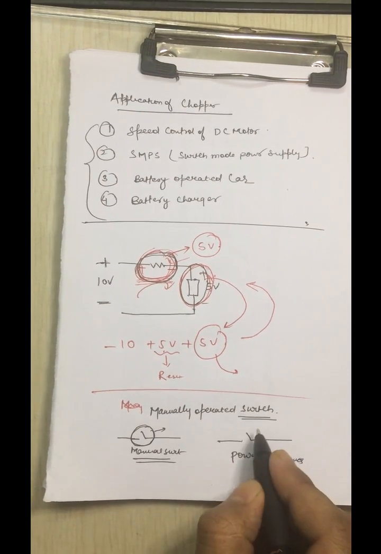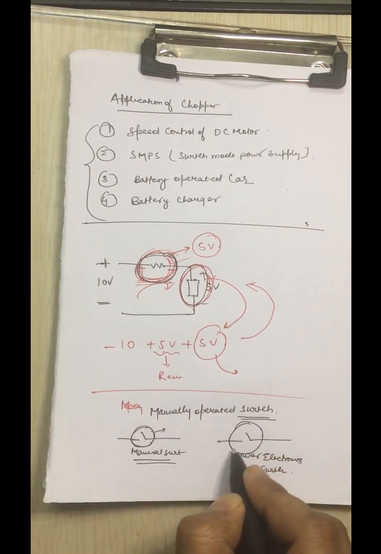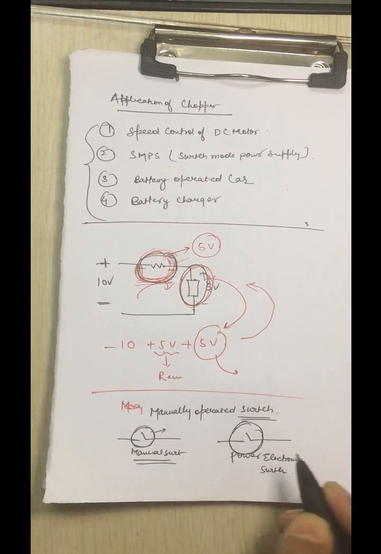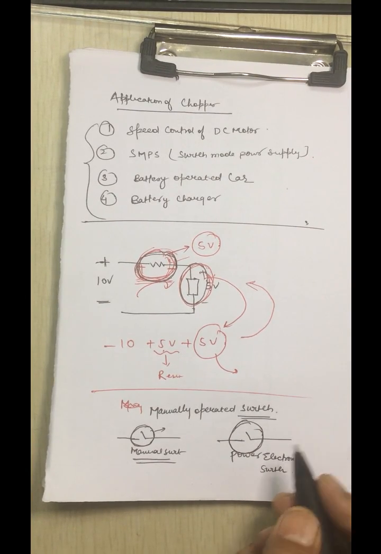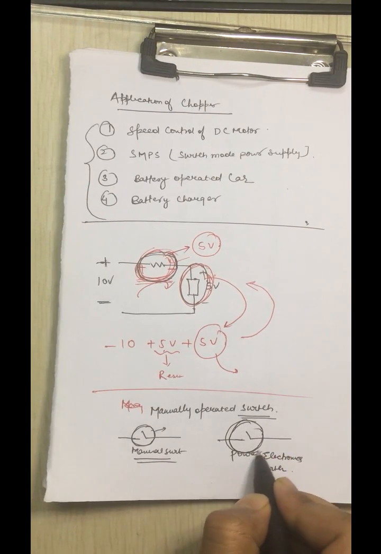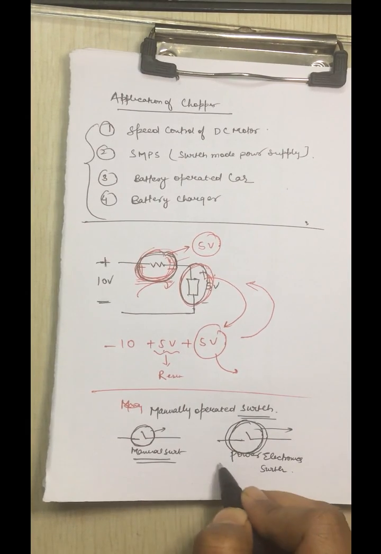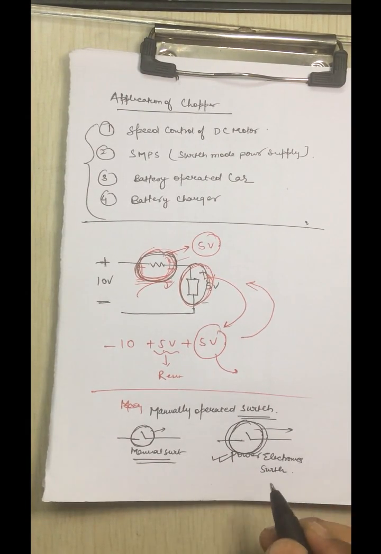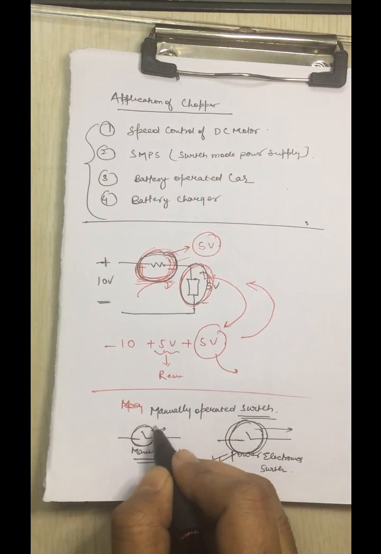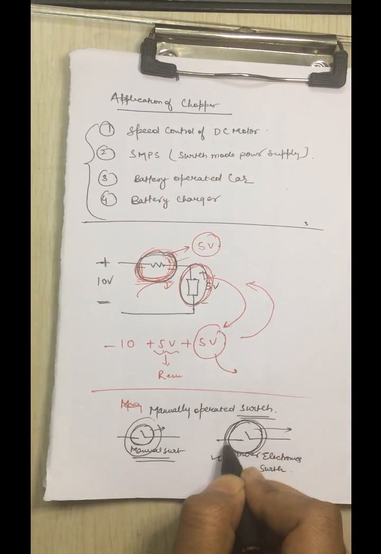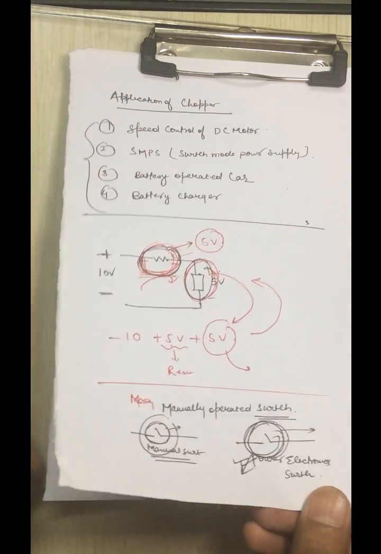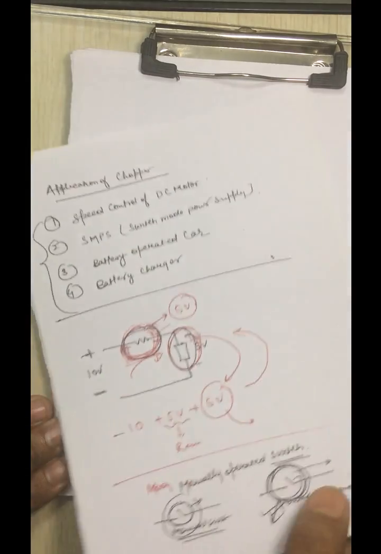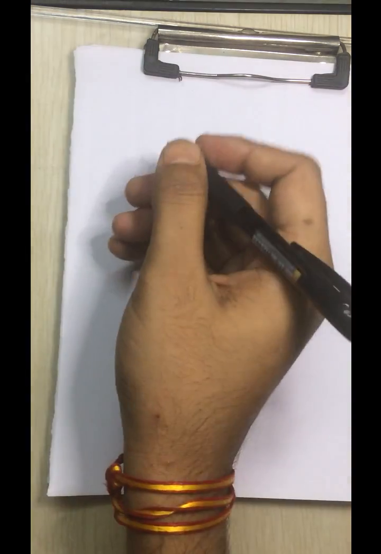But in the case of the power electronic switch, these are electronic switches, so in 1 second you can turn on or off 1000 times, 2000 times. That's why we are calling it power electronic switches. These are very fast switches. So we are not using the manual switches, we are going to use the power electronic switches in the DC-DC converter. Okay, so let's move on to the basic circuit diagram of DC-DC chopper.